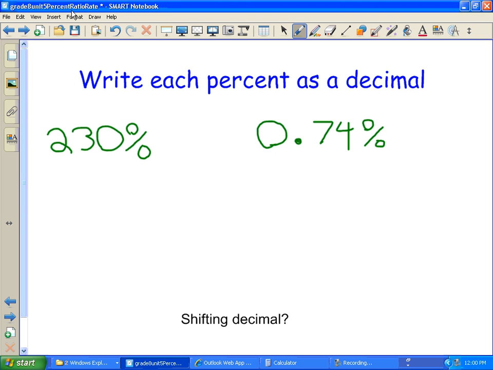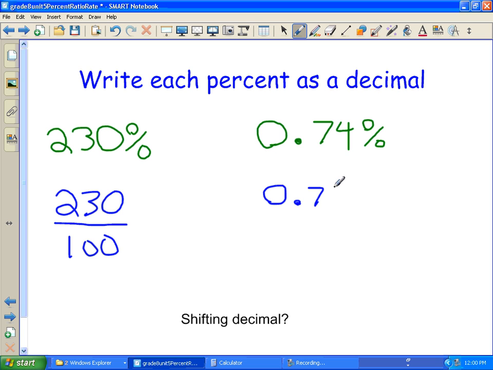Okay, so let's write each percent as a decimal. So let's take this first one. First, I'm going to write my percent as a fraction. So 230%, anything as a percent is out of 100. I'll do the same over here. Let's change this to 0.74, and percent, remember, is out of 100.